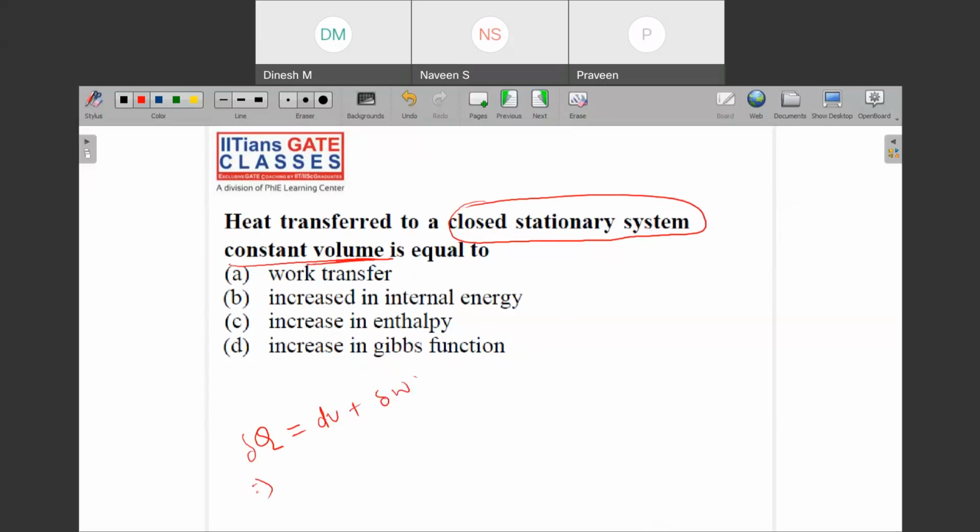This is for constant volume, and mind the word closed system, because only then can I write this. If it was not a closed system, I could not have used this, because this was defined for closed systems. And if it is constant volume, dV is 0, so the work term is directly 0. So delta Q is equal to du, and then the option is ready. Heat transfer to a closed system at constant volume is nothing but the change in internal energy, or increase in internal energy. So this is the correct option.